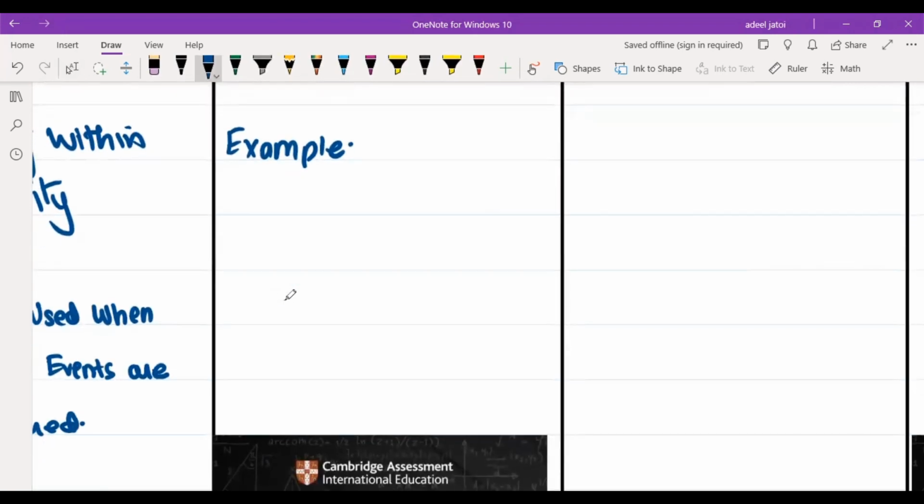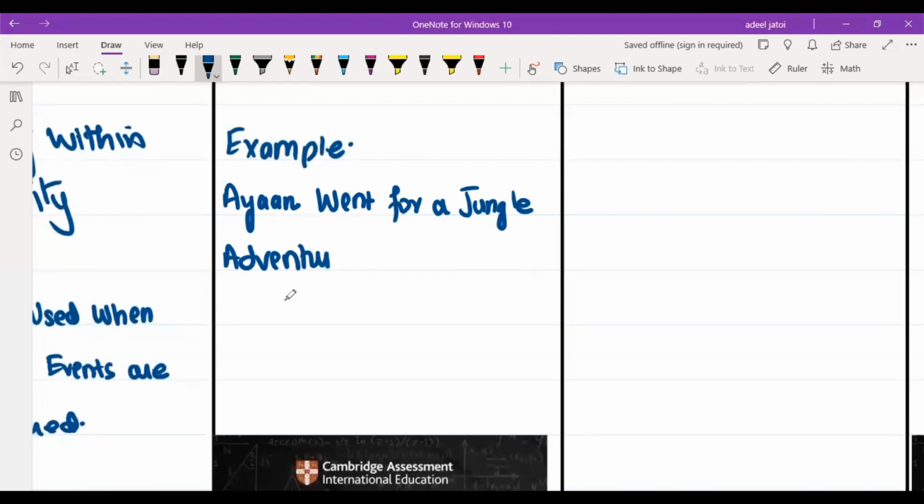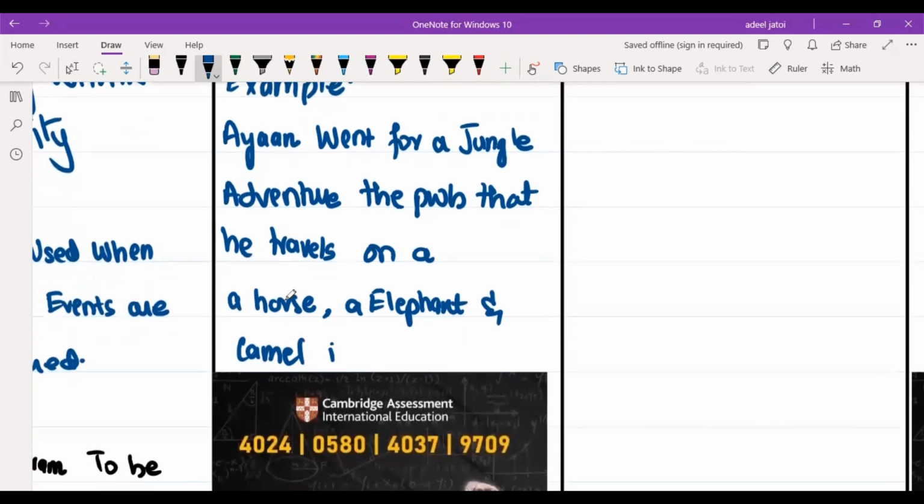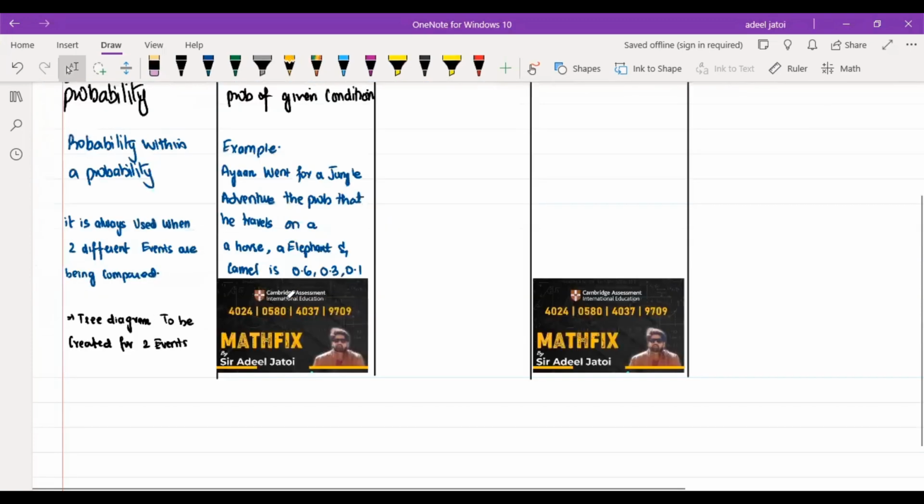So if I say that Ayan went for a jungle adventure, the probability that he travels on a horse, an elephant and a camel is 0.6, 0.3 and 0.1.